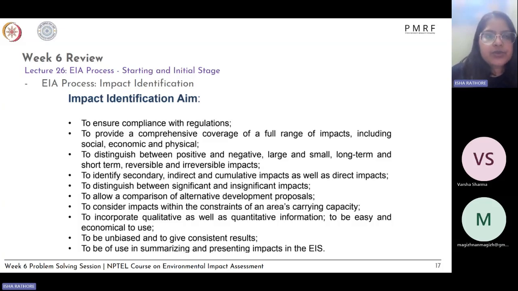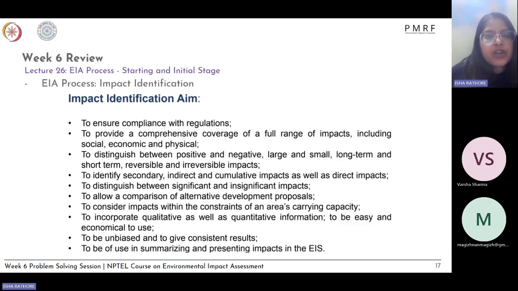You also need to distinguish between positive, negative, large, small, long term, short term, reversible, and irreversible impacts. Whether two or more impacts lead to cumulative impacts, or whether secondary or indirect impacts are happening because of direct impacts. You also need to distinguish the significance of these impacts, whether significant, not significant, or fairly significant, and assess the impacts on that scale.